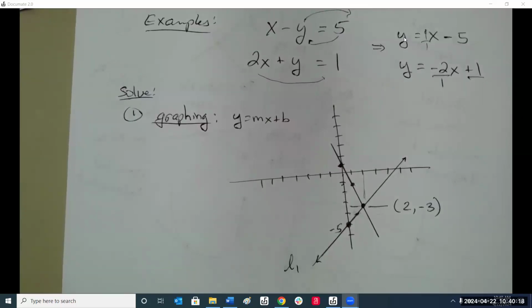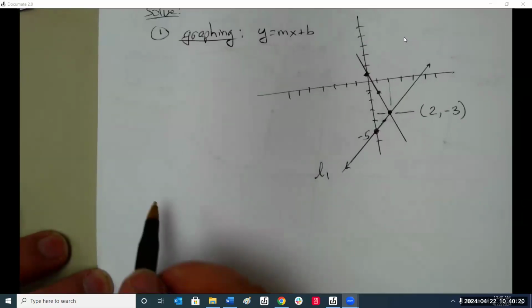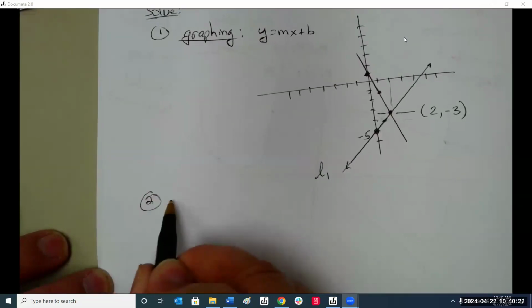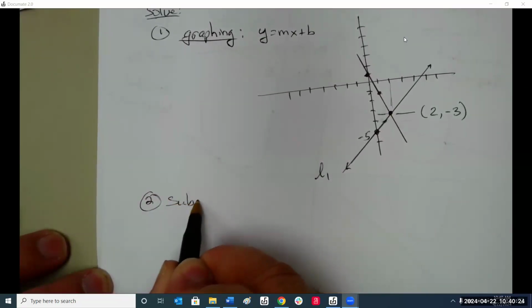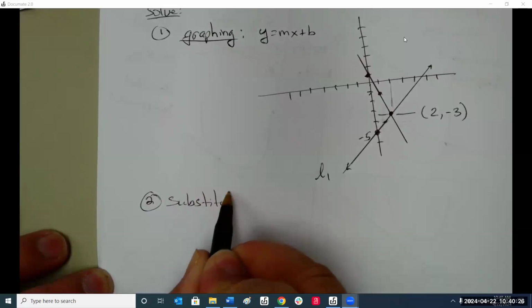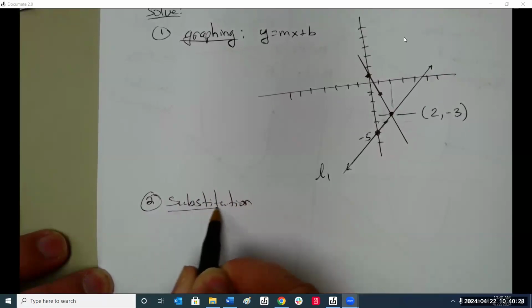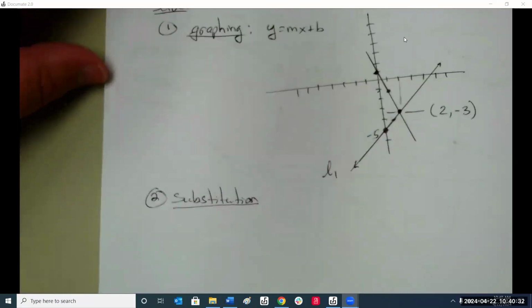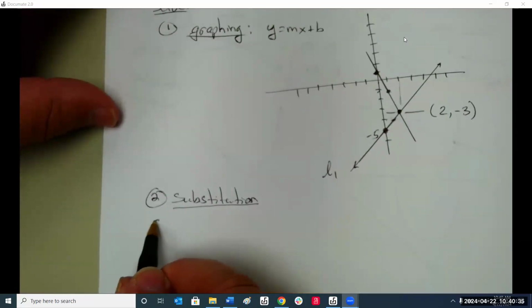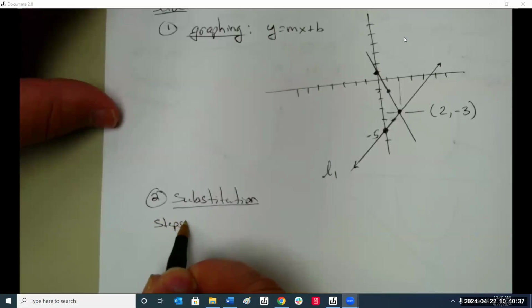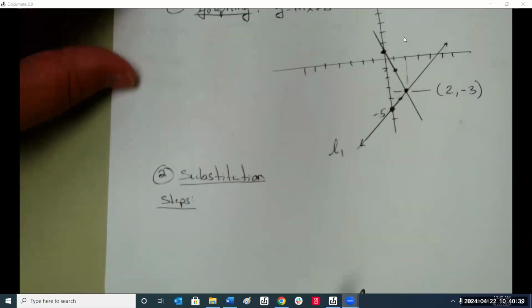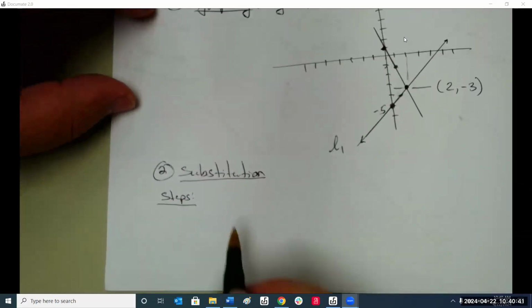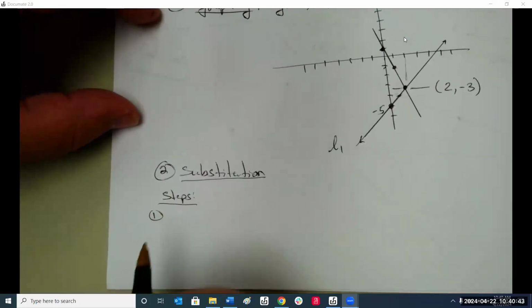Okay, so that's graphing. The next method we're going to look at is substitution. Here are the steps for substitution.